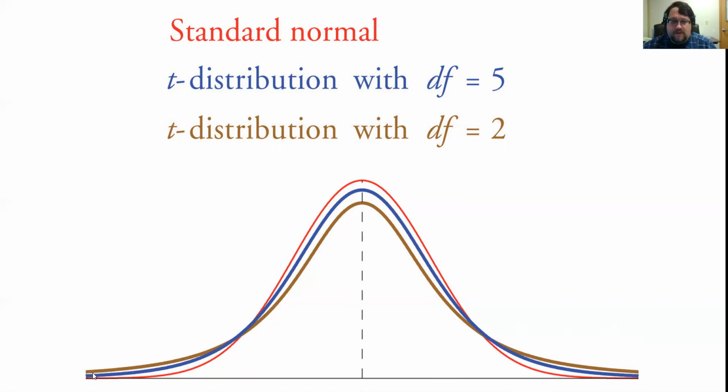And the same thing with the tan, light brown curve. It's 2 degrees of freedom, so a sample size of 3, and it's also a little bit wider and shorter than the red. Now they're close, but it's not the same. And so their standard deviations would be different, and how spread out the data is different.